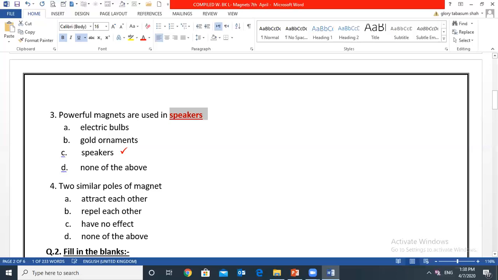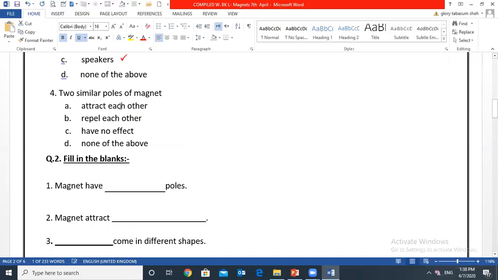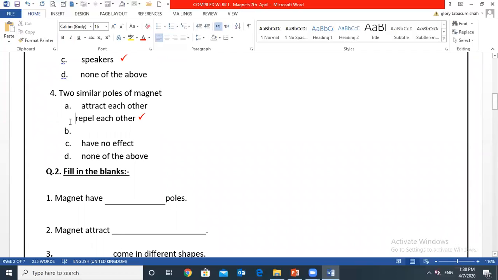Okay. Number 4. Two similar poles of a magnet attract each other, repel each other, have no effect, none of the above. Repel each other. This is the correct answer. B is the correct answer.